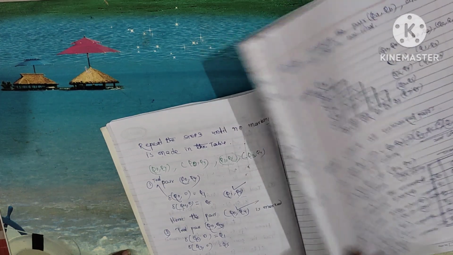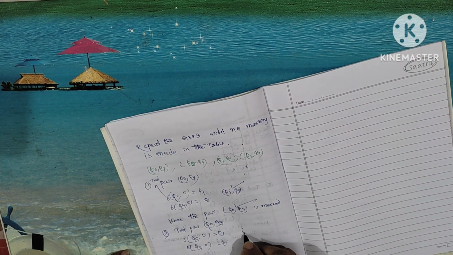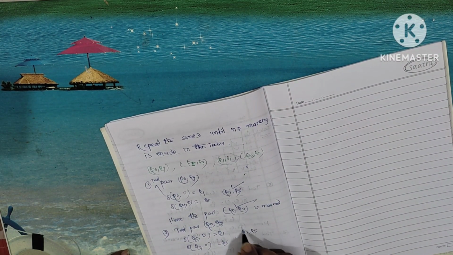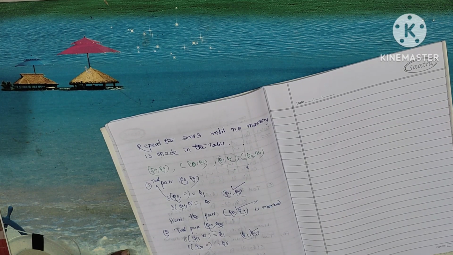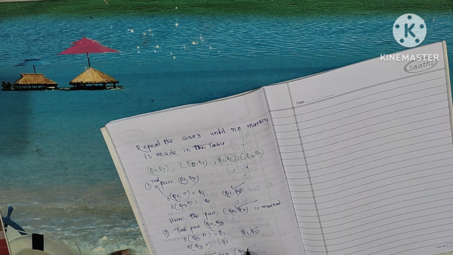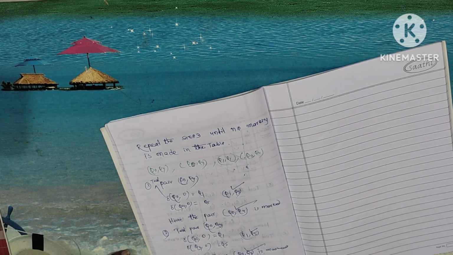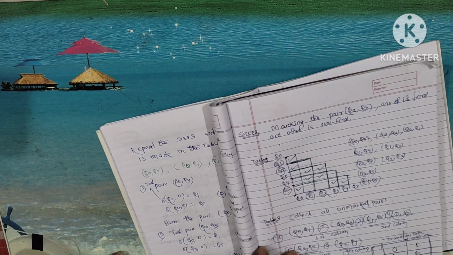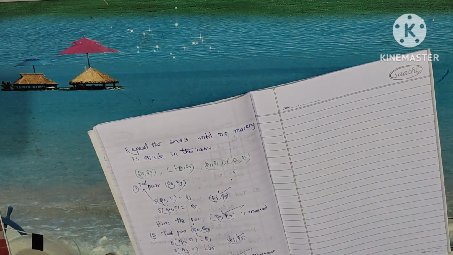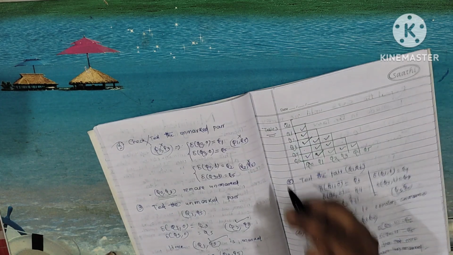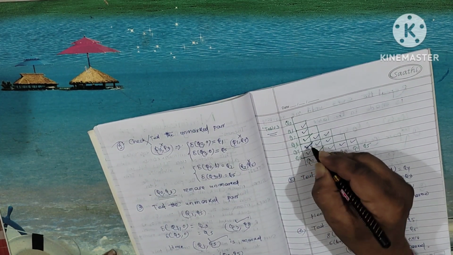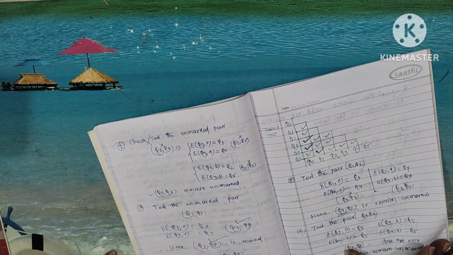Even Q4 also goes to Q5 for that. So Q1, Q5 is marked pair, hence the pair Q0, Q3 is marked. So what we did here, you can see that this is also marked here. These two states are marked.